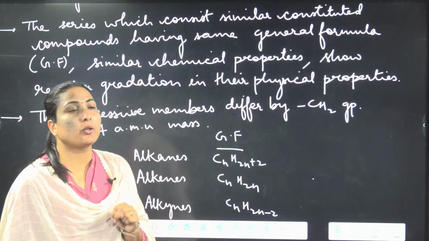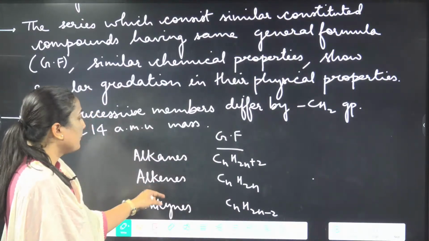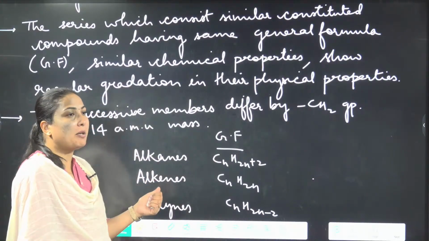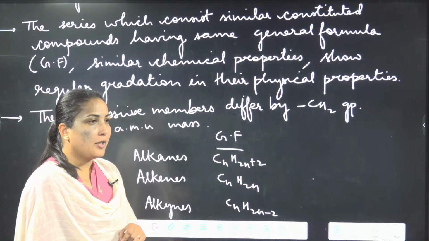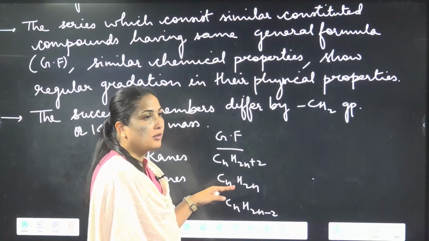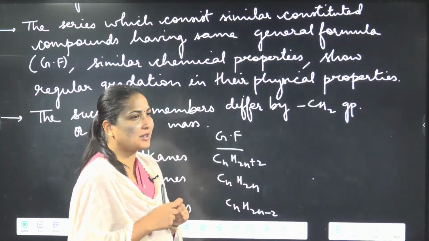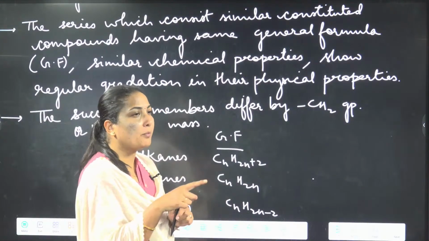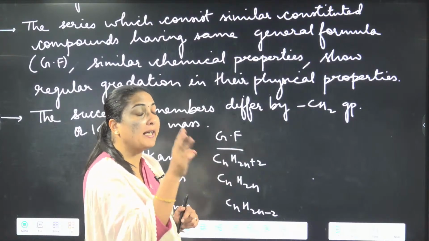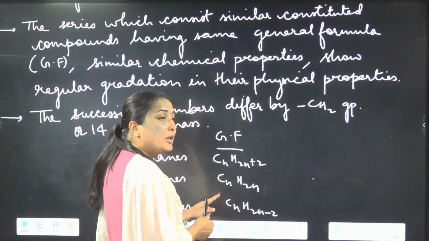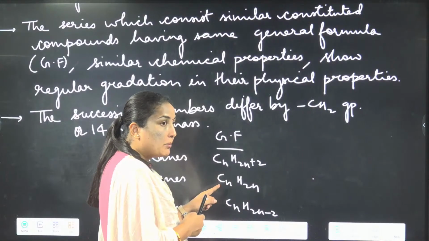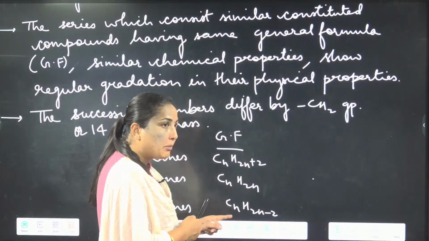So sometimes, a question can also be asked like this. Write the second member or else third member of the alkene homologous series, right? If we just remember this formula, then we'll be writing C3H6, and that will be wrong because that will be the second member. If we have been asked about the third member, we must know n equal to 2 for the first member.